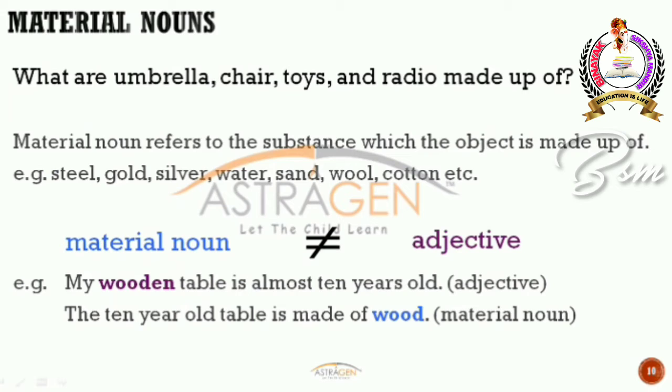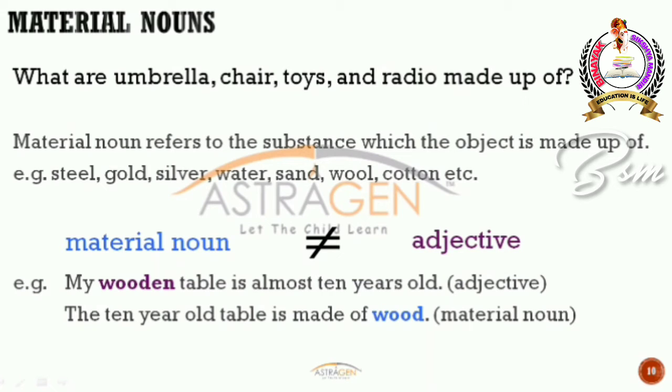Whereas for material nouns, you will not put the question how, but you will ask the question what. So what is the table made of? Look at the second example. The 10-year-old table is made of wood. So again, identify the noun. What is the noun? Table, right?